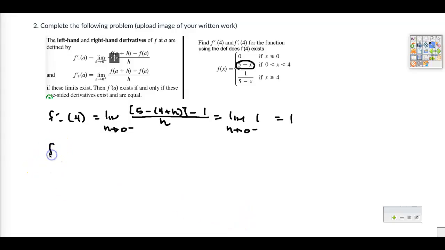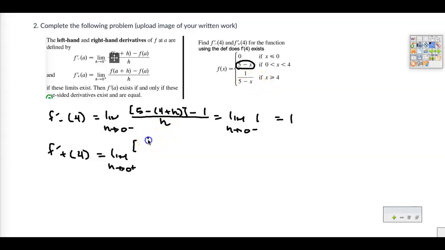And therefore, you get a 1. Now you have f prime from the right of 4, which is going to equal the limit as h approaches 0 from the right. Now we have to evaluate from the right.